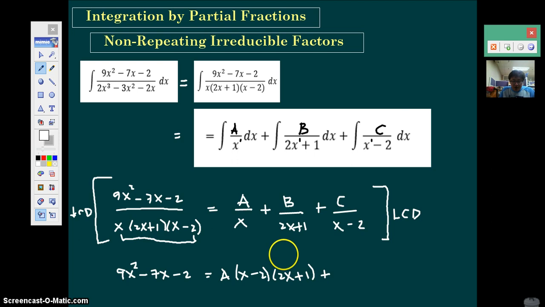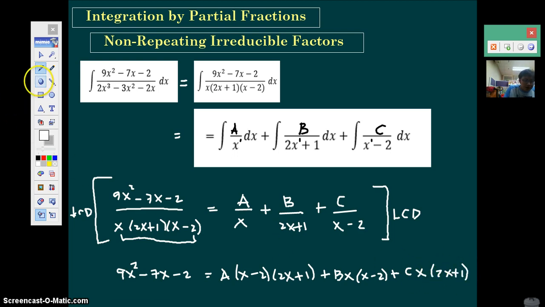Plus, the next, we multiply the LCD to this, 2x plus 1 will cancel out, leaving you with x and x minus 2, which you multiply to B. So that becomes Bx times x minus 2. Then lastly, multiply the LCD by this, x minus 2 will cancel out, leaving you with this 2x, which you will multiply to C. So that's Cx times the quantity 2x plus 1.